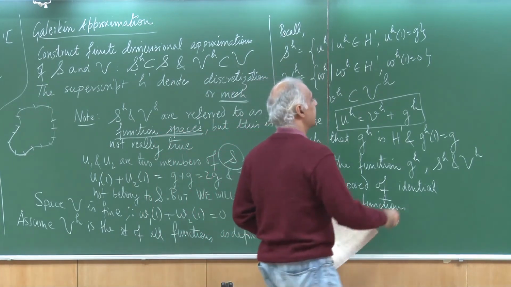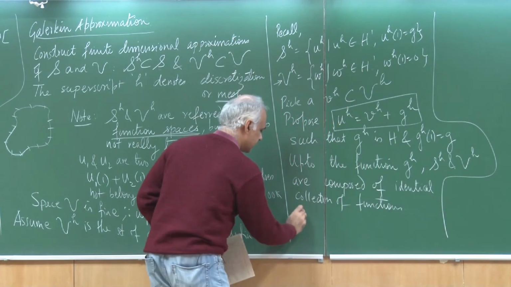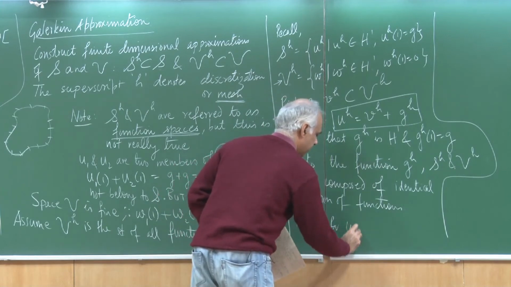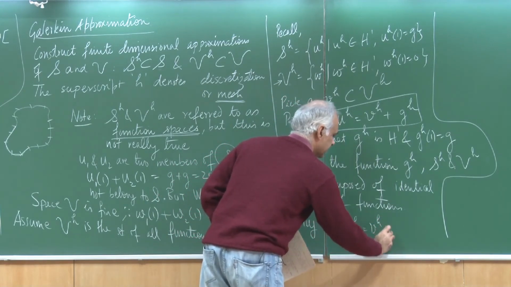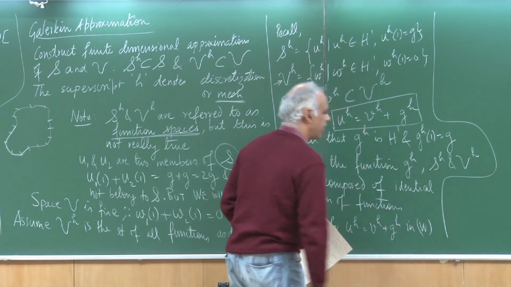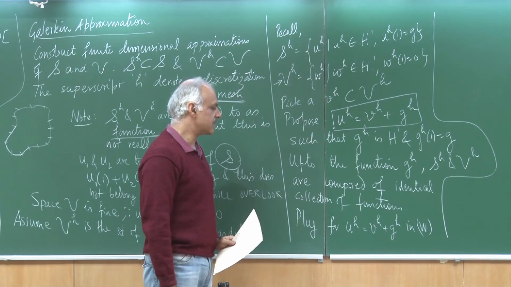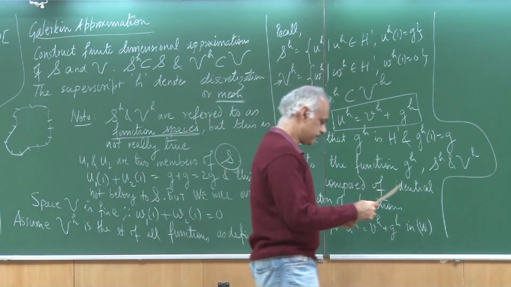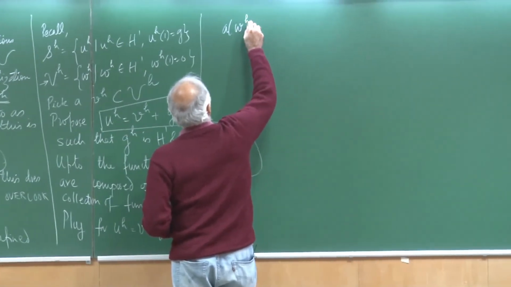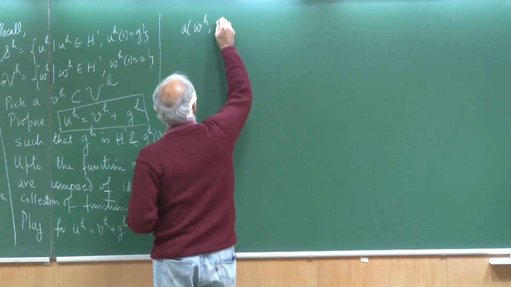So let me now plug in uh equal to vh plus gh in the weak form, and I would then get the approximation, and that is the Galerkin form. So I would get the following: A of wh comma uh.